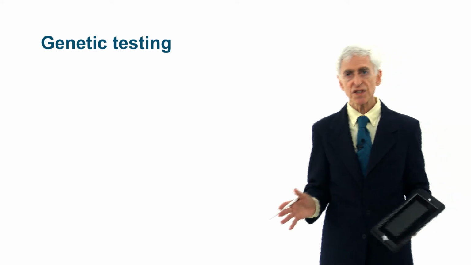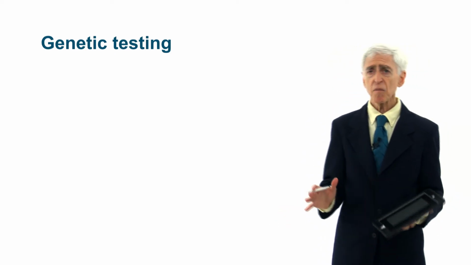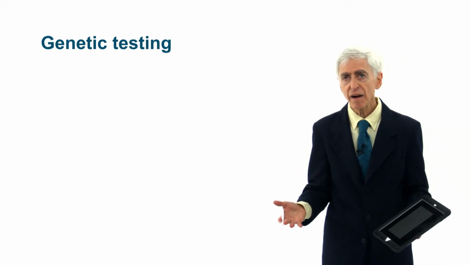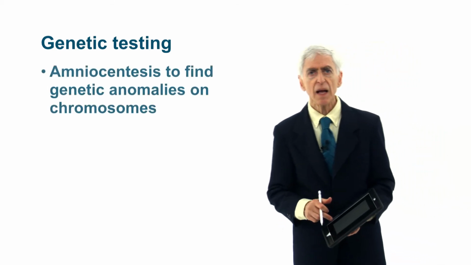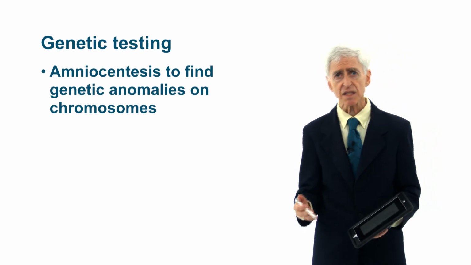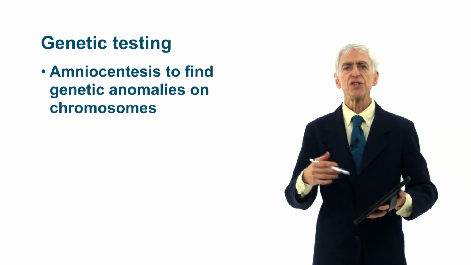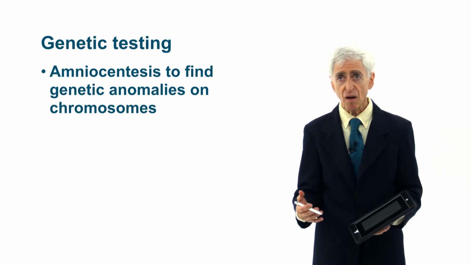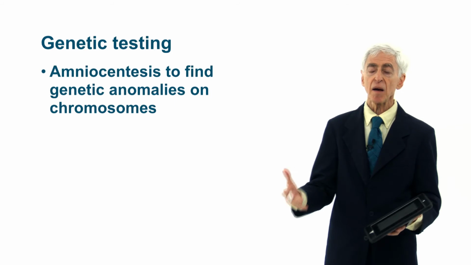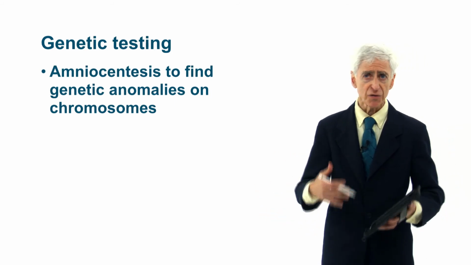Sometimes, though, what we're trying to analyze or learn is a lot more serious than just hair color or color blindness. And so there is a process known as amniocentesis that is used to find out if there are going to be genetic anomalies on chromosomes that will end up manifesting in physical appearance or physical behavior.